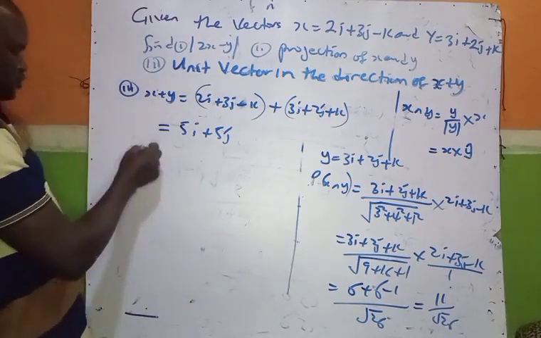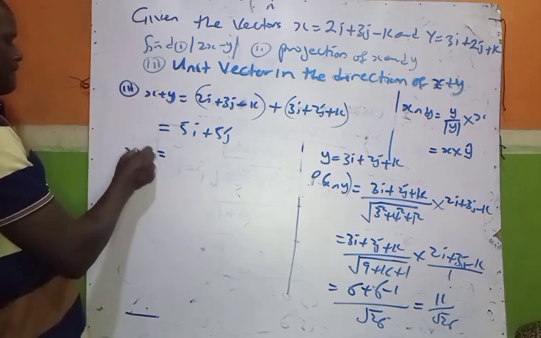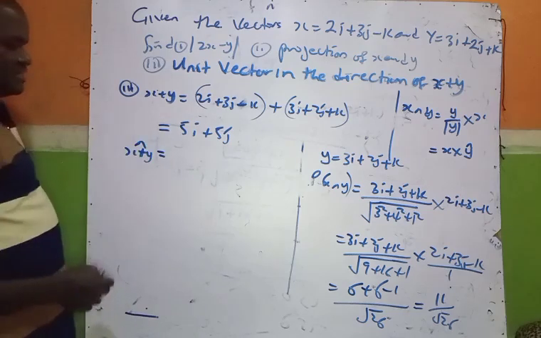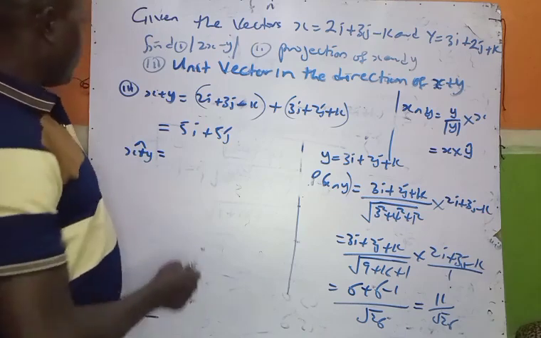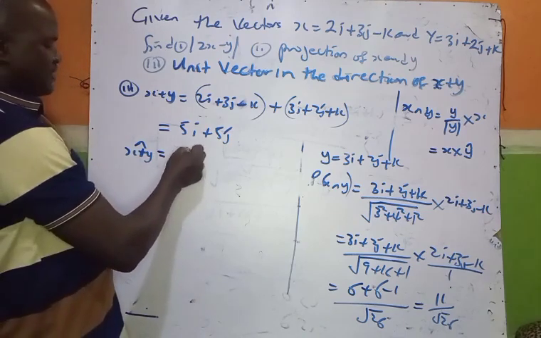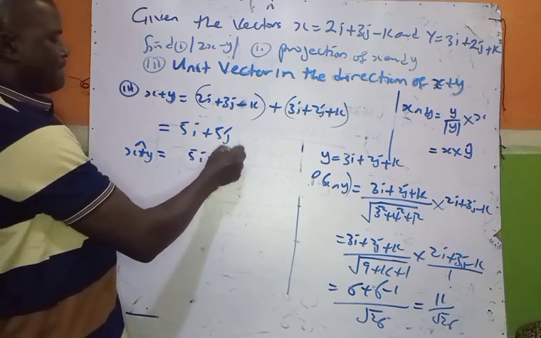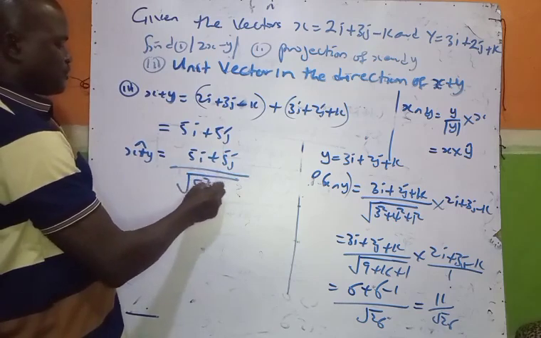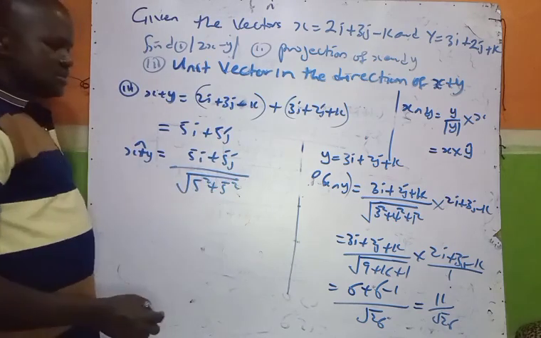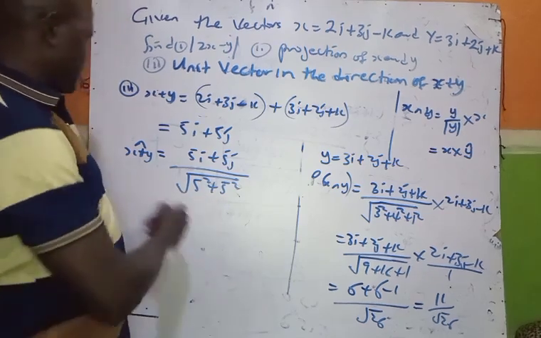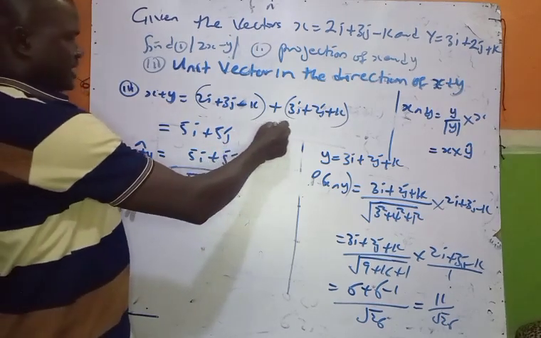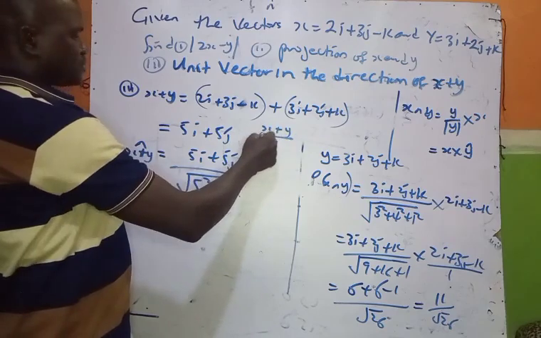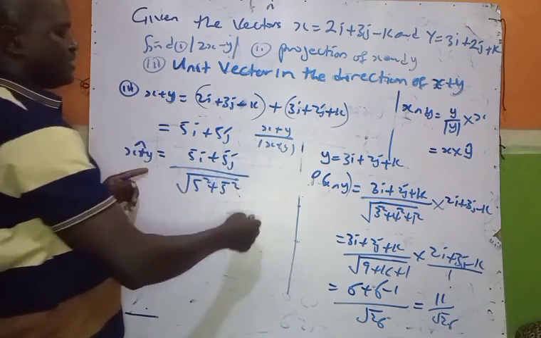Then the unit vector here, you can have it like this. So that's the unit vector. For the unit vector, you are going to have 5i plus 5j over 5 squared plus 5 squared. So the unit vector is x plus y over the modulus of x plus y. So that's it.